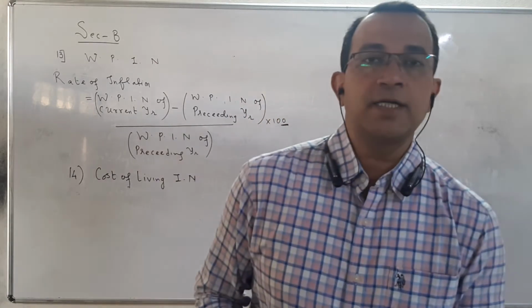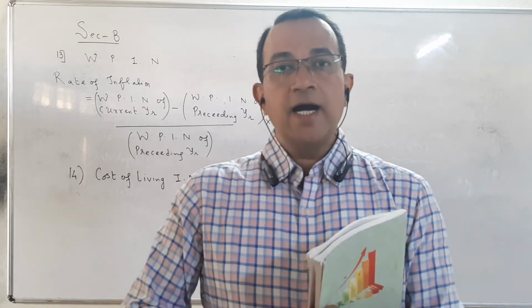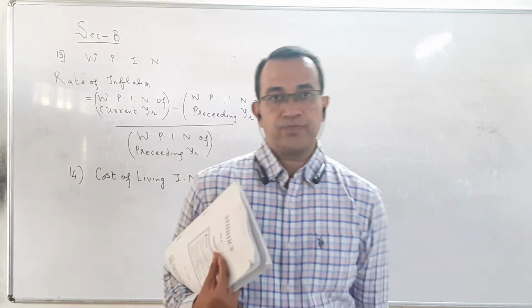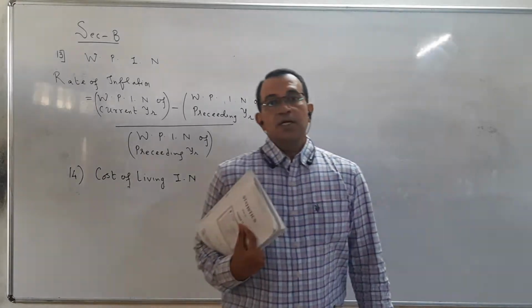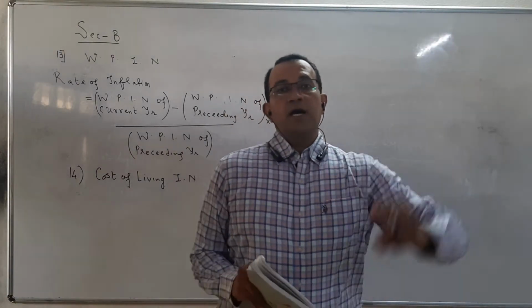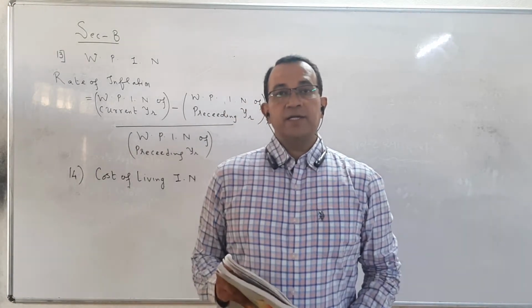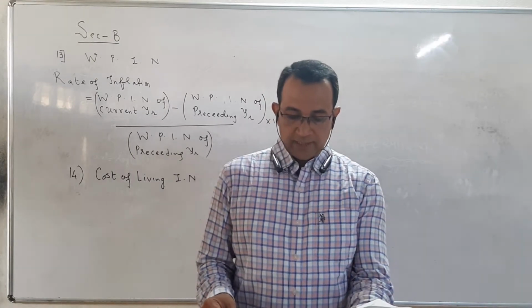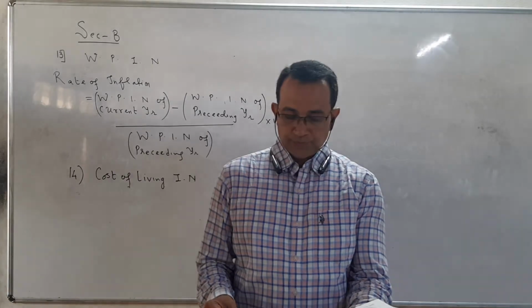Very important MCQ, students, asked in board examination. I repeat, which index number in India is used to find rate of dearness allowance? Students, the answer is cost of living index number.